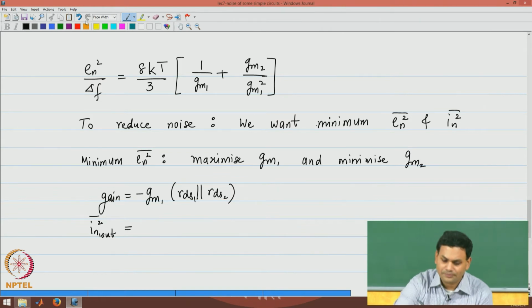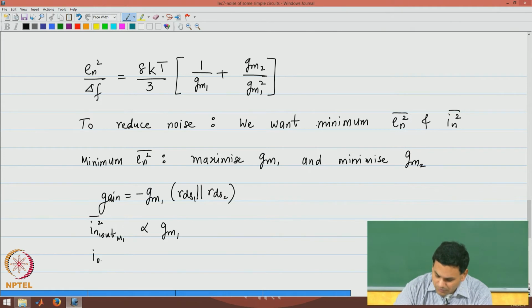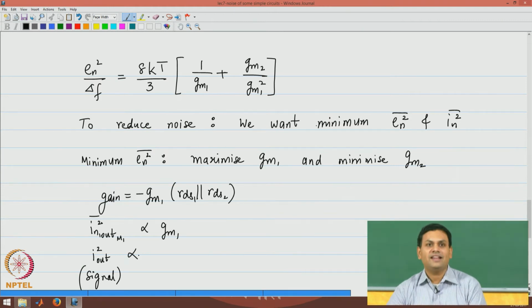In other words, I n out squared from M1 is proportional to GM1, but the output signal, the output current, is clearly Gm times Vs, which is the input signal, and if you are looking at I out squared, which is the output current power, this is proportional to Gm1 squared.